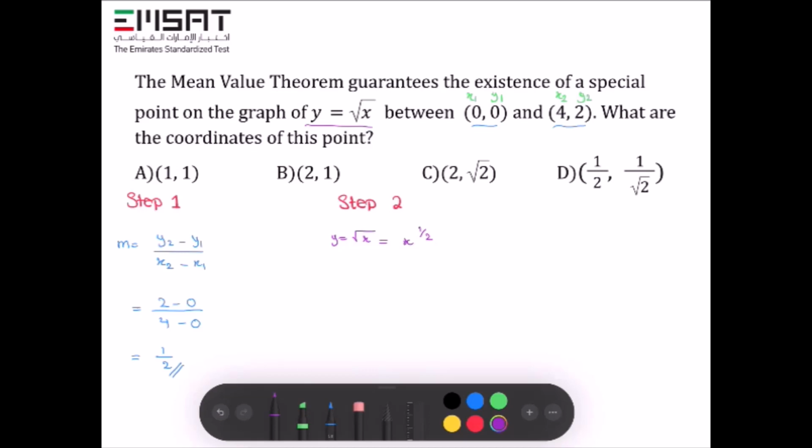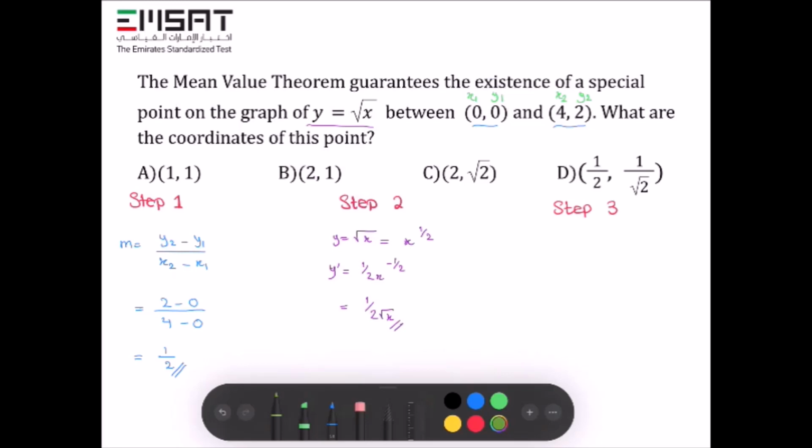Now by using the power rule, we will get y prime equals 1 over 2 x to the power of negative 1 over 2. We're still not done yet. We will have to convert it back to radical form, which will end up with 1 over 2 the square root of x.